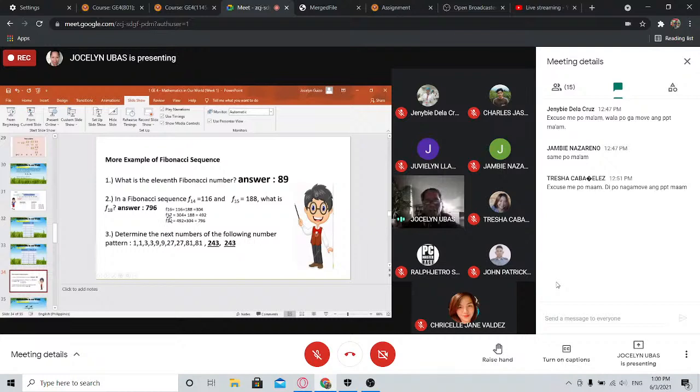Next, Fibonacci 17 is 304, the value of term 16, plus term 15, which is 188. So term 17 will have 492. To determine term 18, we simply add term 17 and term 16. So 492 plus 304 will give us 796. So the answer is 796.